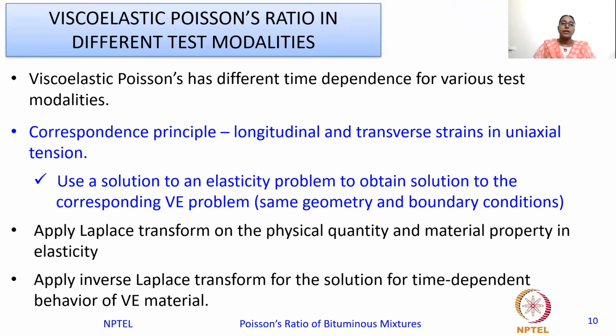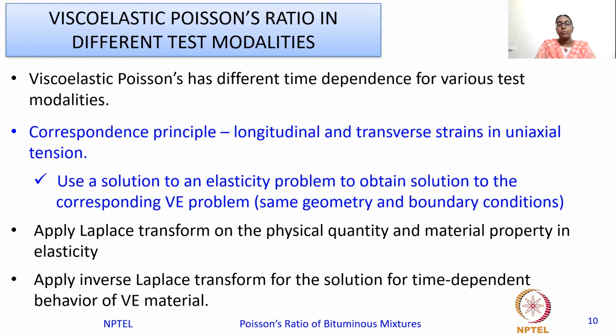Now, how we arrive at this viscoelastic Poisson's ratio is by using a principle called the correspondence principle, which is applied to the longitudinal and the transverse strain in a uniaxial tension. What is done is that you use a solution to an elasticity problem to obtain the solution to the corresponding viscoelasticity problem, which has the same geometry and boundary conditions.